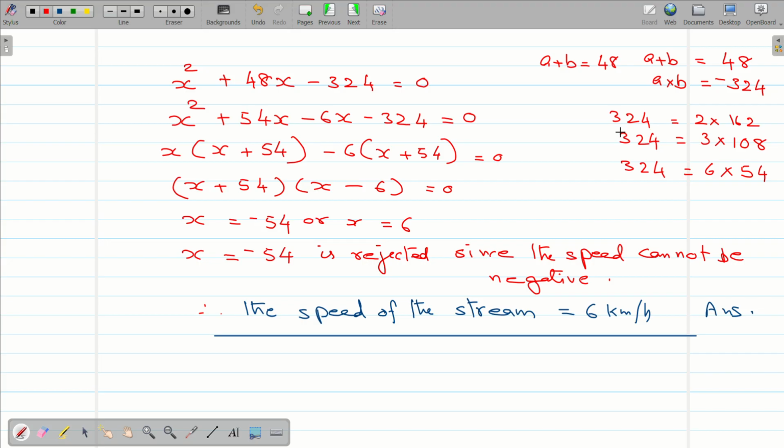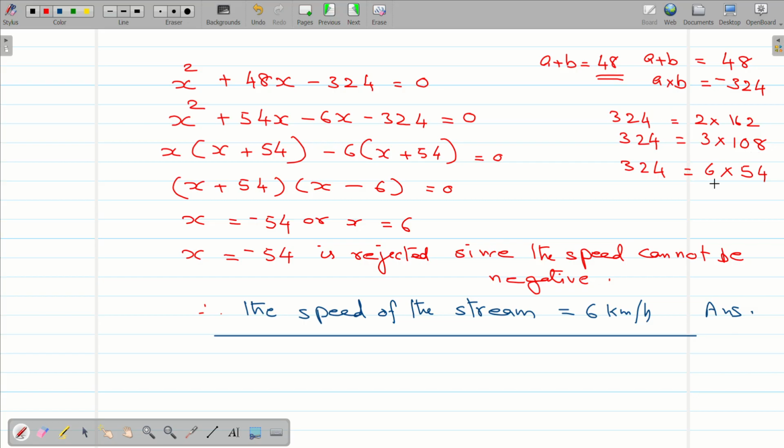Now finding the factors of 324, we get 2 into 162. Now since the product is negative, we will find the difference between the numbers, that is equal to 160. I have to get actually 48. Now 3 is also a factor of 324. 3 multiplied by 108. The difference between these two is 105. I have to get 48.